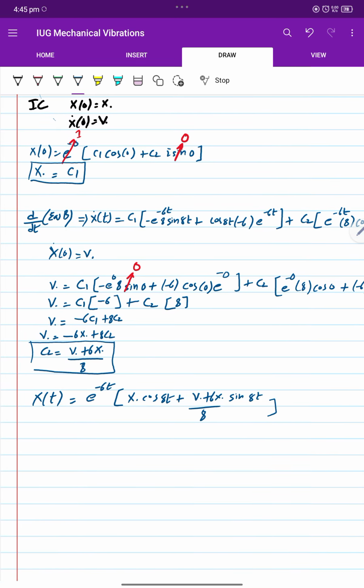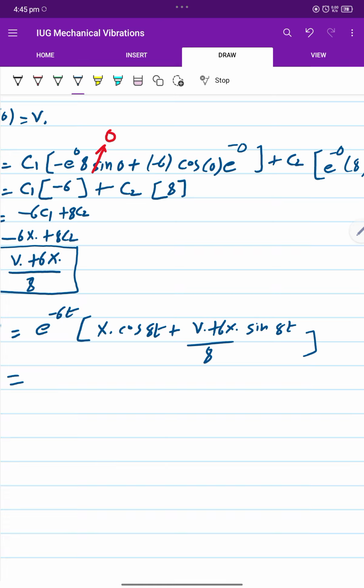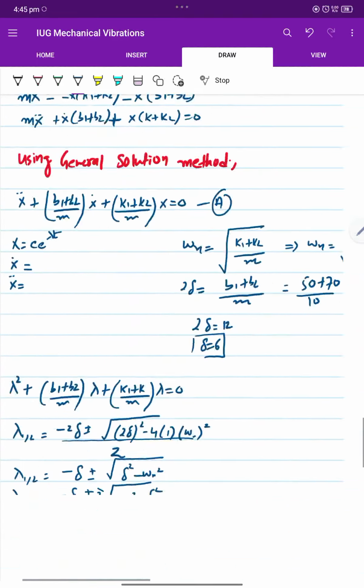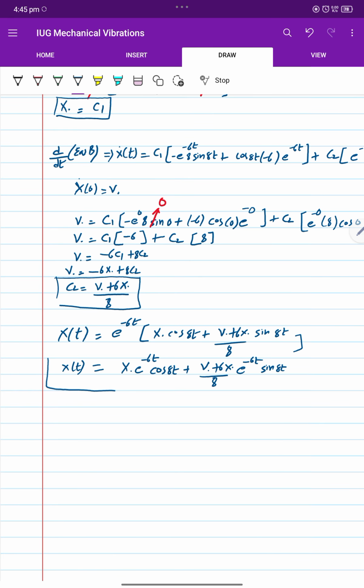We can multiply e exponent minus 6t with both of them, so it becomes x naught e exponent minus 6t cos of 8t plus v naught plus 6 x naught divided by 8 e exponent minus 6t sine of 8t. So this is the total solution of our mass spring damper system, which has multiple springs and dampers, with the initial conditions.